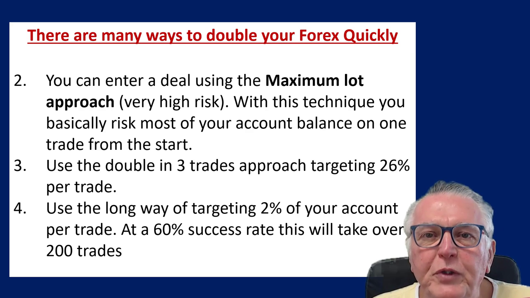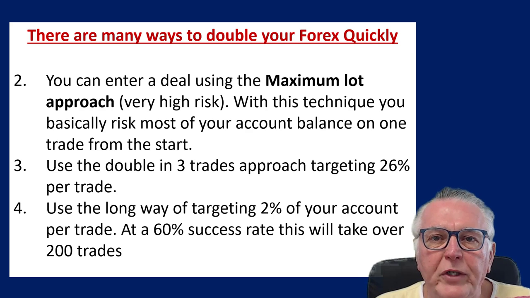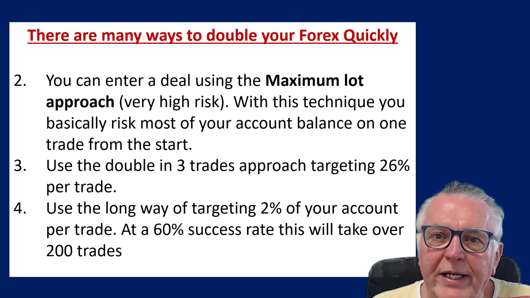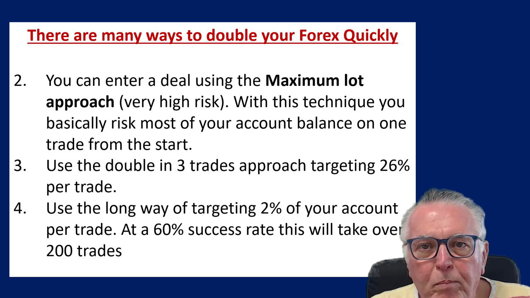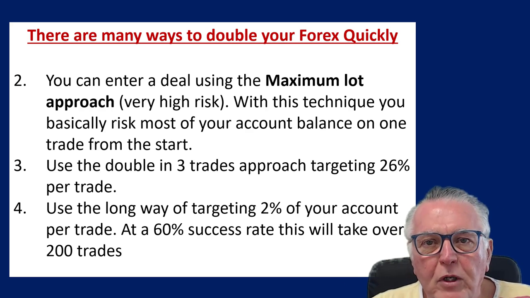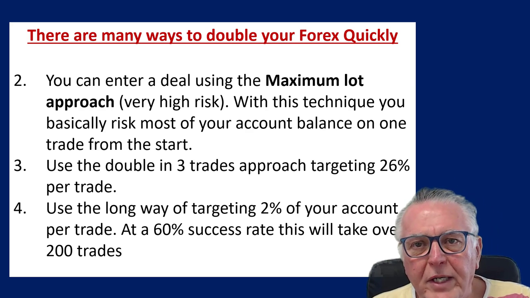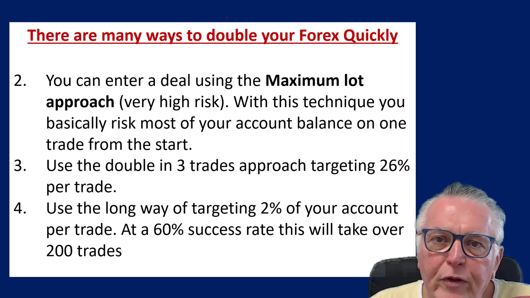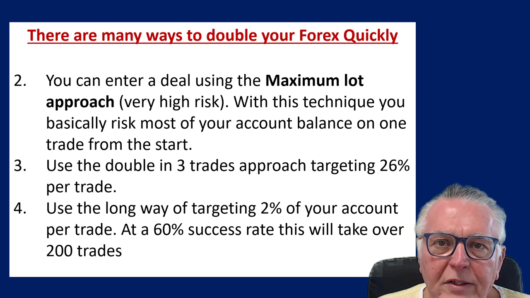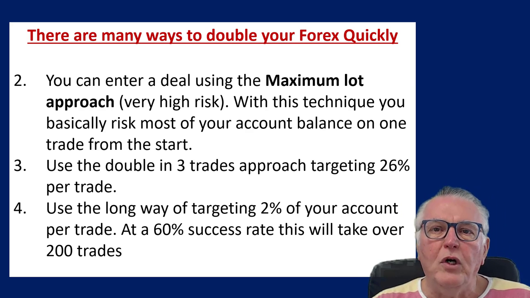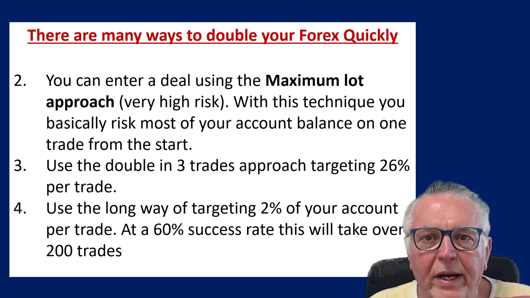Now, as opposed to doubling your account in one trade, you can do it in 3 trades. So instead of putting all your eggs in one basket in terms of one trade, you can trade one trade. If it's successful, you trade another trade and another trade, and by the third trade you will have doubled your account. That's if you go for a target of 26% for every single trade.